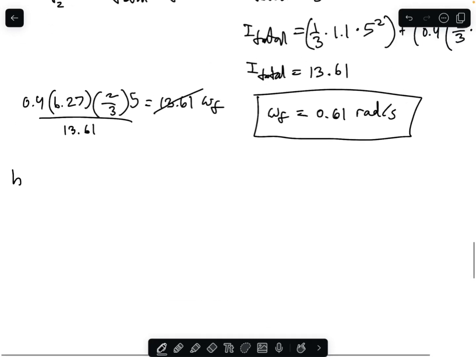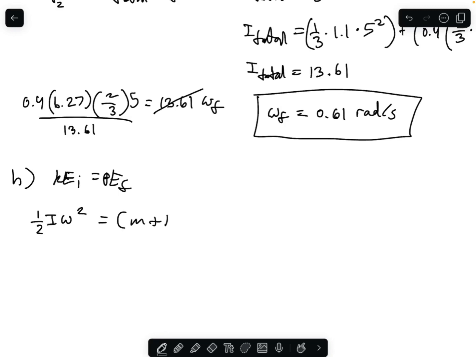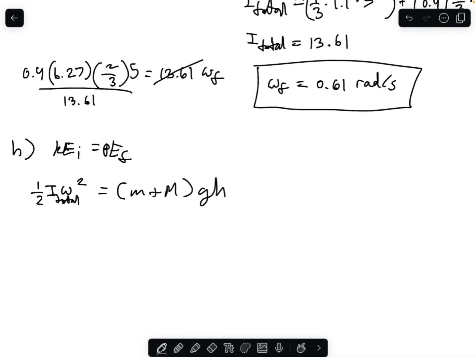Okay, part H. How high would a rod-block system rise after collision? I know I can use conservation of energy again. The only kinetic energy for this one is going to be rotational because it's moving rotationally. So 1/2 I w squared equals (M plus m) gh, and this is going to be I total again.